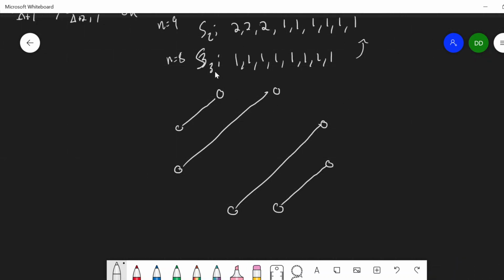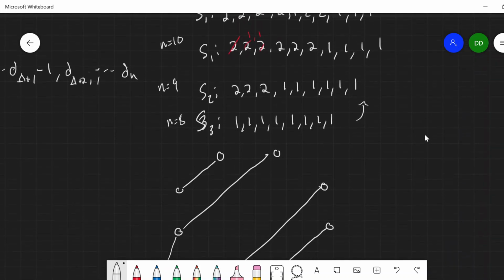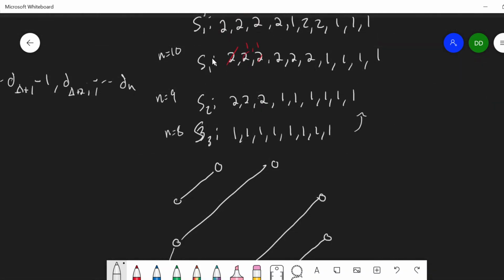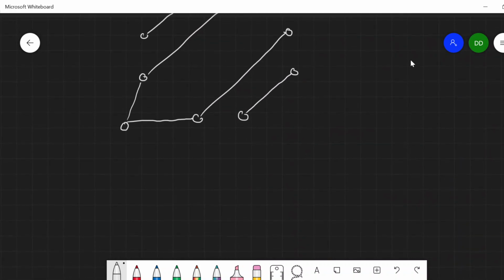Well, you add a new vertex and make it adjacent to the next 2. And now I have the one for order 9. This has 2, 2, 2. The rest are 1s. Where do I go from here? I'd add another vertex of degree 2 adjacent to 2 more vertices of degree 1.